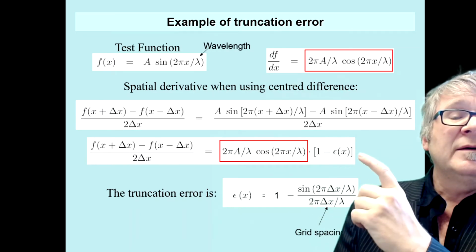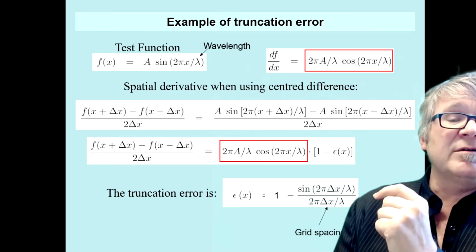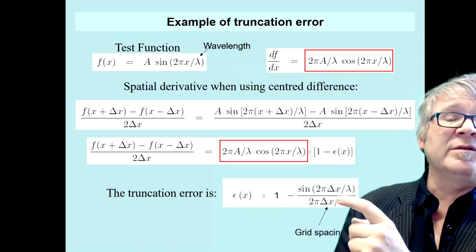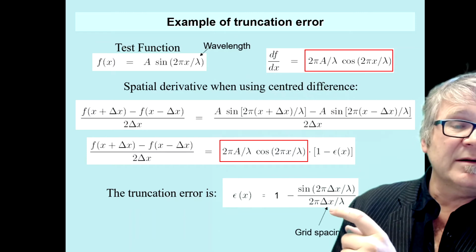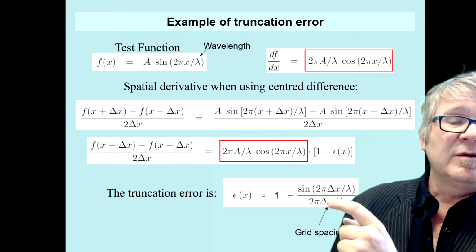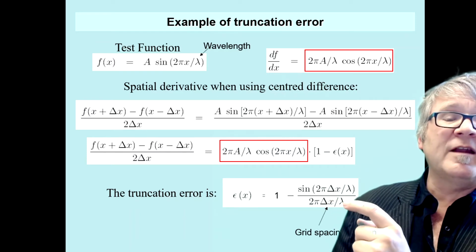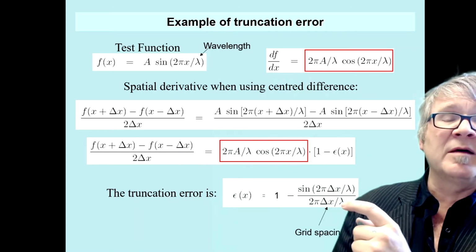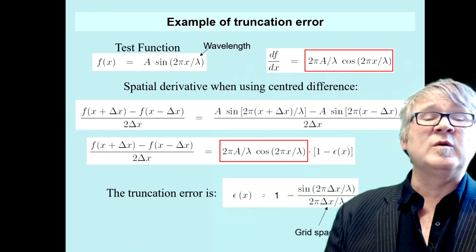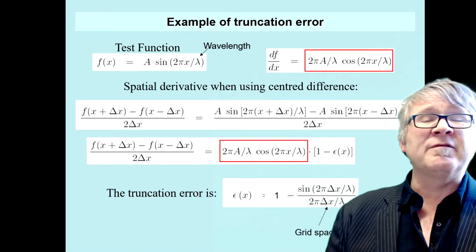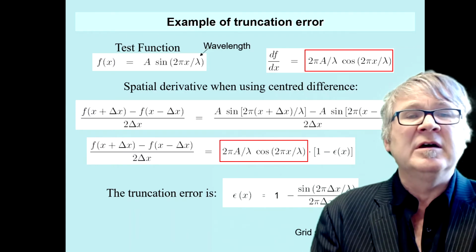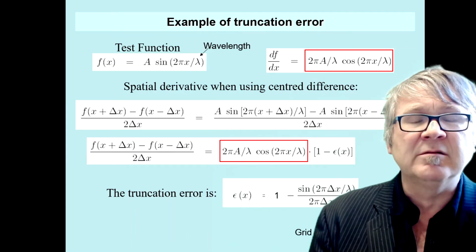The error depends on the grid spacing, delta x, relative to the wavelength. You can see this is a ratio, delta x divided by lambda. It's the ratio between the grid spacing and the wavelength.